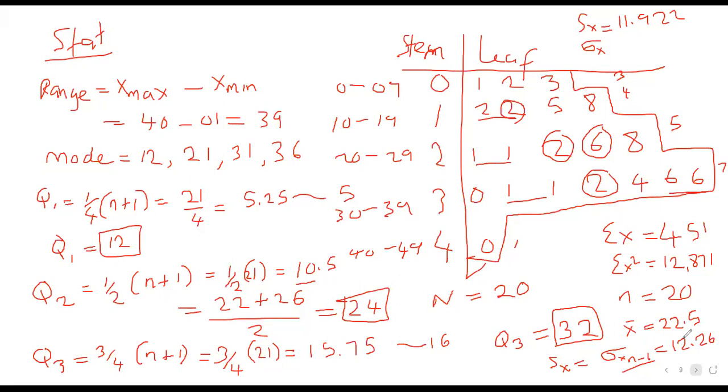Sorry, just repeat on the 0 to 9, how you started. So all zeros, how many are they? 1, 2, 3. There are 3 of them. Numbers starting with ones, from 10 to 19: 1, 2, 3, 4. There are 4. 20 to 29: 1, 2, 3, 4, 5. There are 5. 30s from 30 to 39: 1, 2, 3, 4, 5, 6, 7. 40s, 1. But sometimes they say a class width of 5.